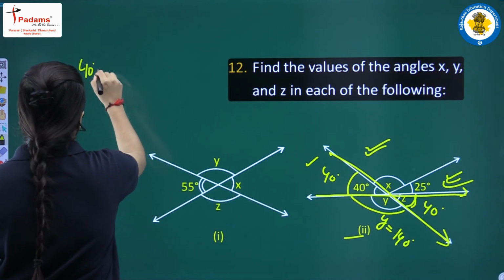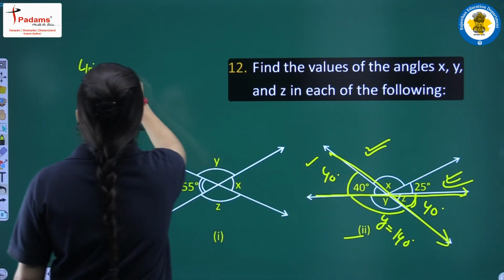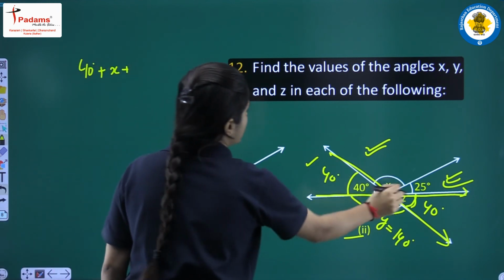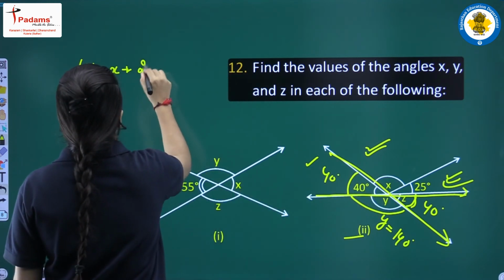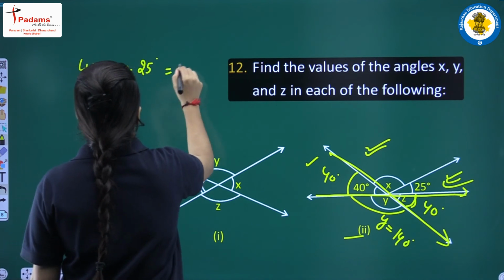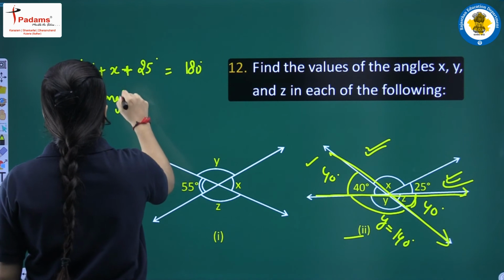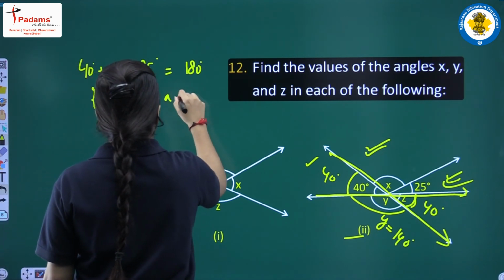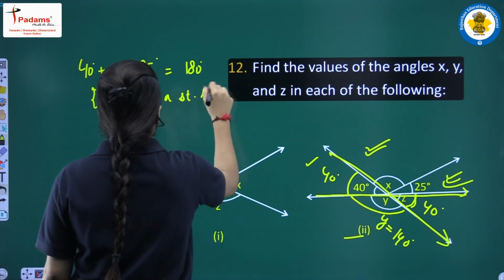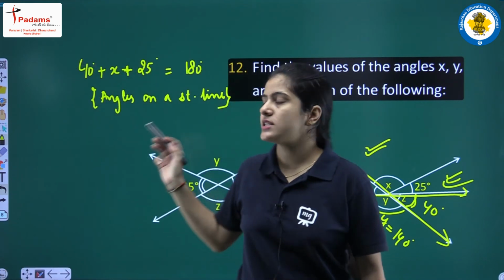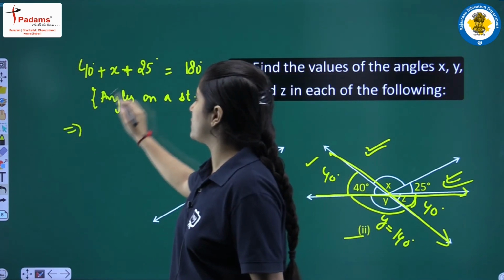So the first angle is 40 degrees, the second angle is x, and the third angle is 25. The sum of these three angles is equal to 180 degrees. Why? Angles on a straight line, because these three are angles on a straight line, that is why their sum will be equal to 180 degrees.